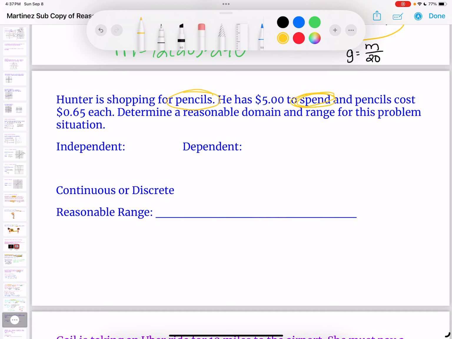The number of pencils we buy is going to determine how much we spend. So that means that the independent is going to be pencils, and the dependent is going to be cost, essentially how much money you spend. So we want to think, can you buy half a pencil?